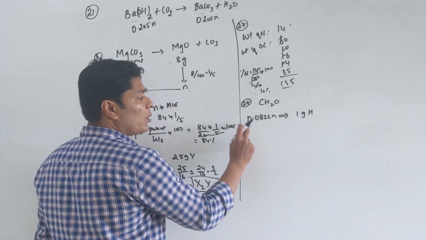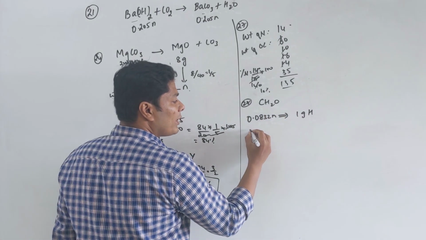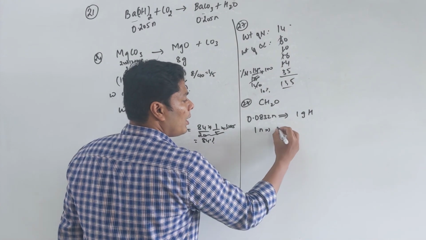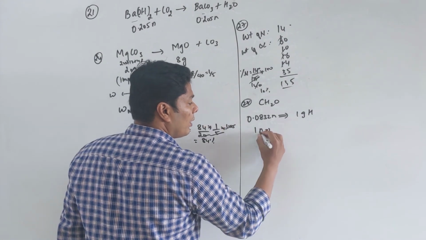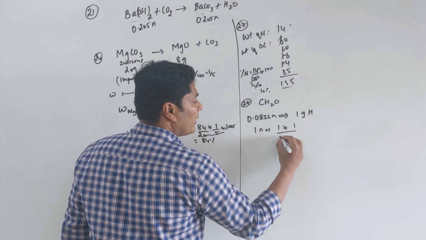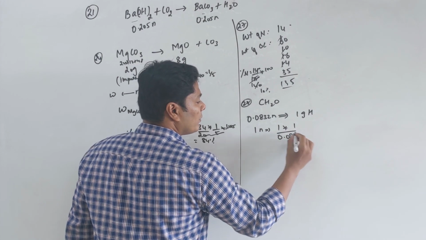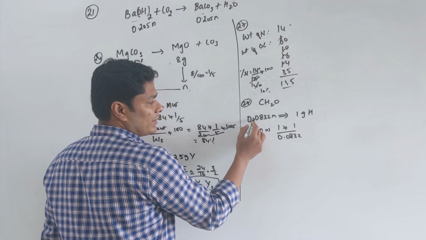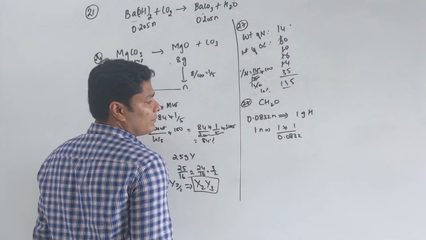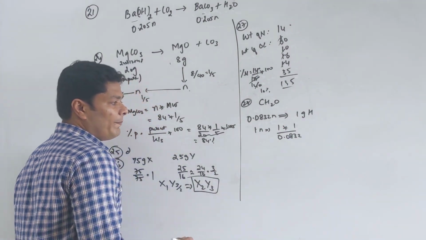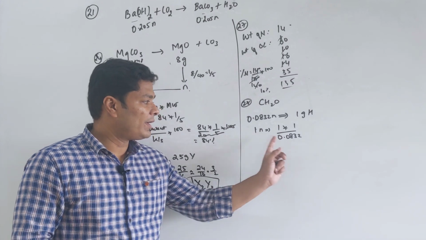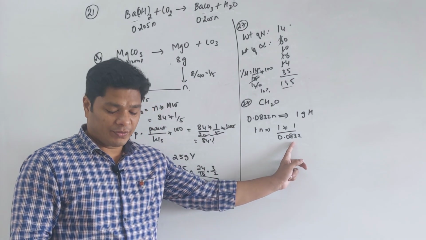I am going to convert this to 1 mole. This many moles has 1 gram, now how much will 1 mole have? So, basically what I have, 1 times 1 divided by 0.0832. First term divided by second term times third term. So, 1 mole of the compound has so many grams of hydrogen.